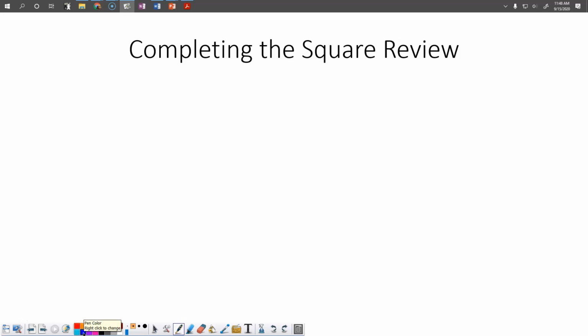because if you haven't been writing, this is the stuff that you're going to need to know how to do today. So I'm going to give you a problem. And here's the problem with this particular trinomial. It's not a perfect square trinomial.